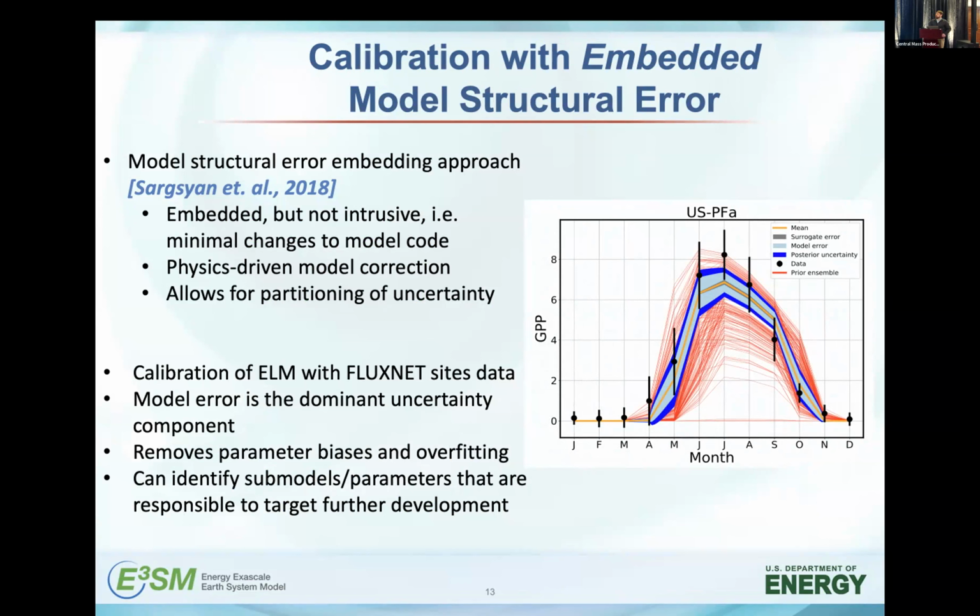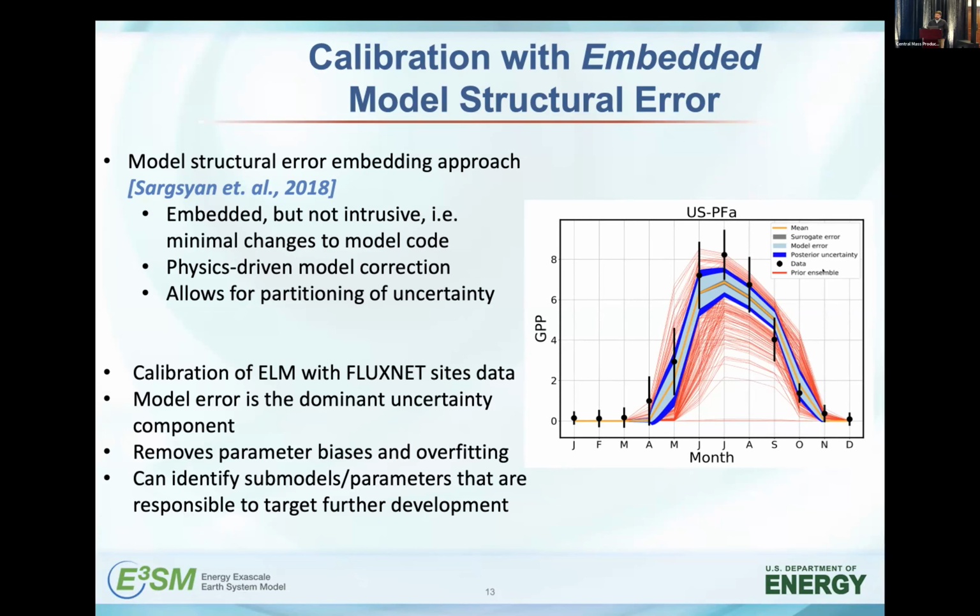This allows for partitioning of uncertainty. We can see this example at the Park Falls site where we have a calibrated posterior best simulation, but we have this light blue that represents the uncertainty in that result that stems from model error, and that's bigger than other terms.